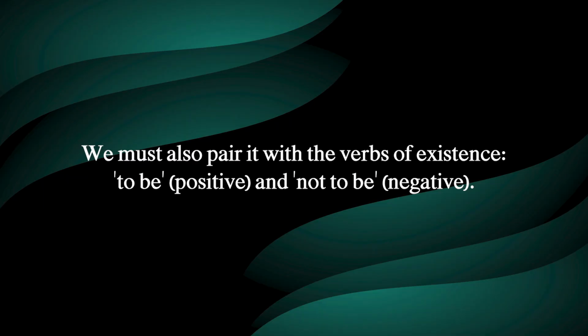This section explores the interplay between where someone is and who that someone is. Knowing the marker is only half the equation. We must also pair it with verbs of existence, to be positive and not to be negative. In Telugu, the verb changes depending on the gender, respect, and plurality of the subject.